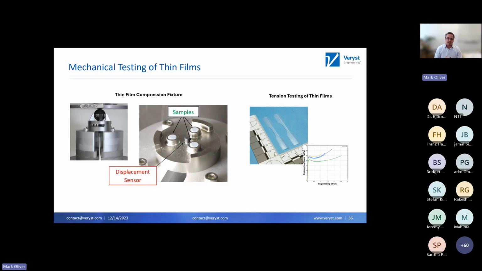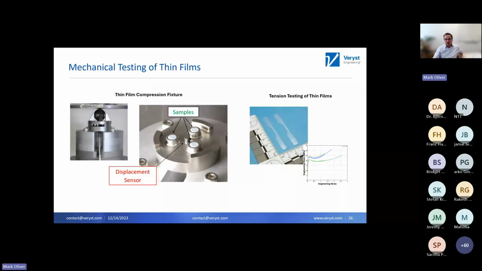So the first thing is testing of thin films. If you have adhesives that come in thin films, the one thing that can be really challenging is getting compressive properties of the film without having to layer up a whole bunch of layers to get some thickness.